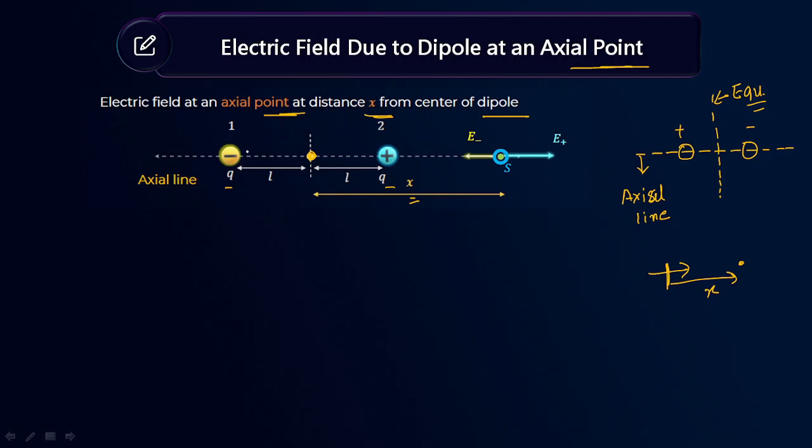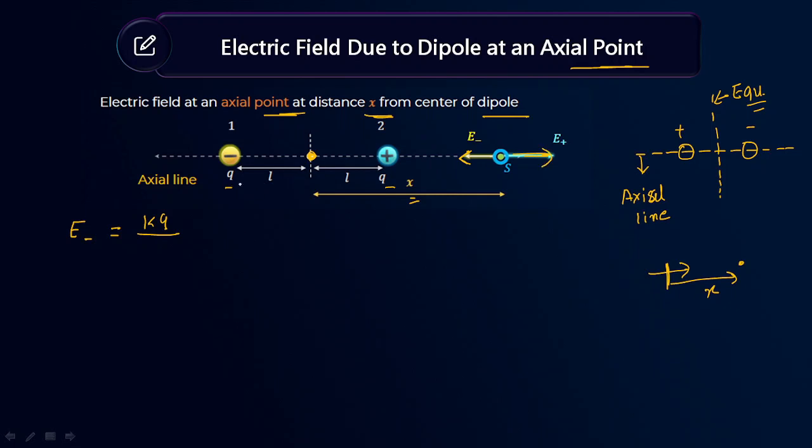So here we have two charge particles, so we can write that due to each individual charge particle the electric field will be how much? Electric field due to the negative charge will be equal to kq, and direction we have taken care of: direction due to negative charge is in backward direction, due to positive charge is towards the right.